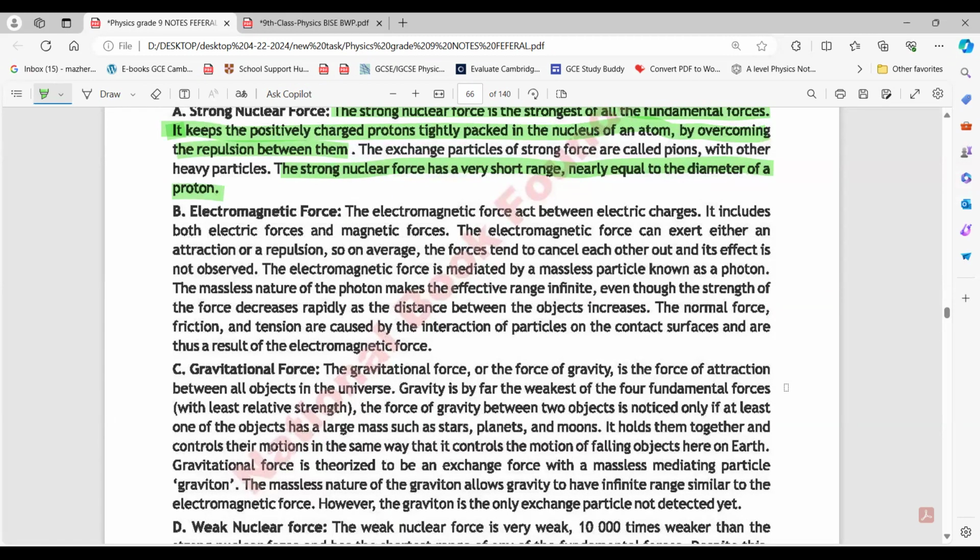Protons, electrons, and neutrons. Yes. Early scientists used to believe that these are the fundamental particles, but later on they came to know that these are further made up of something known as quarks. And then they are further divided into categories, and pions are one of the particles that exist in the nucleus due to the strong nuclear force.